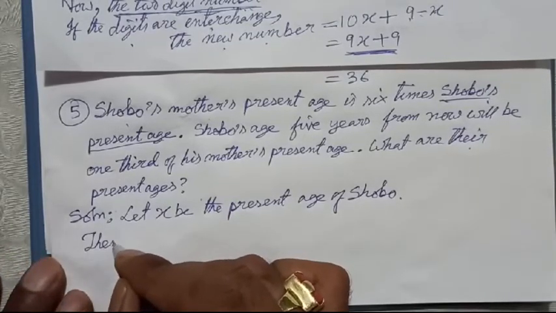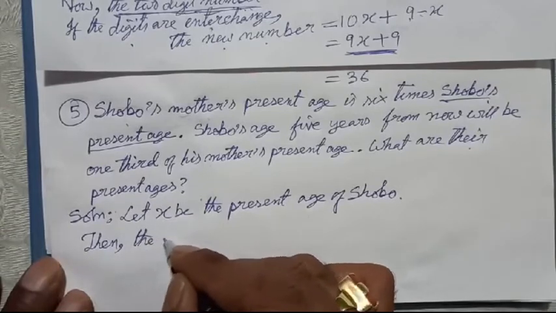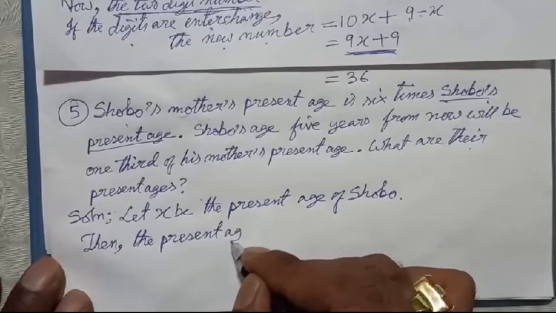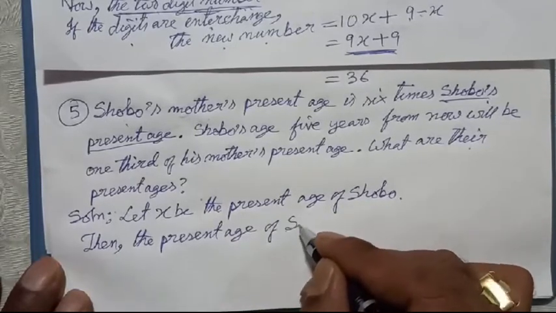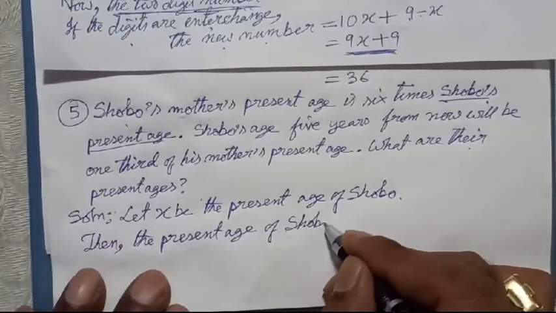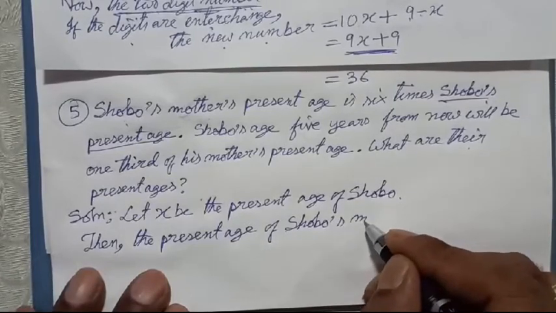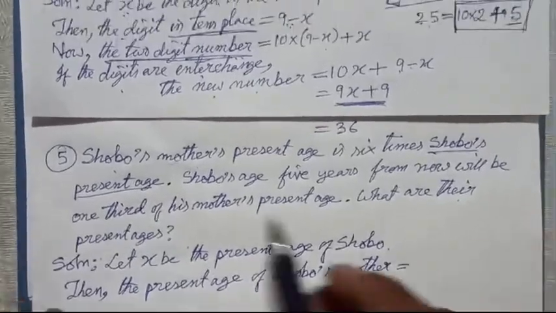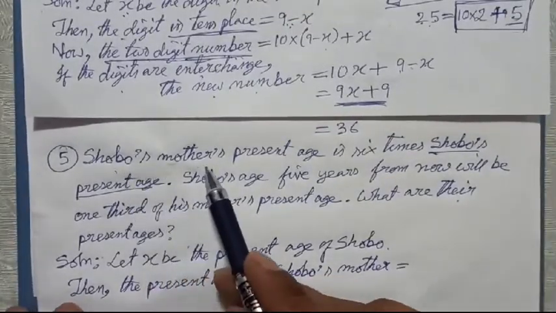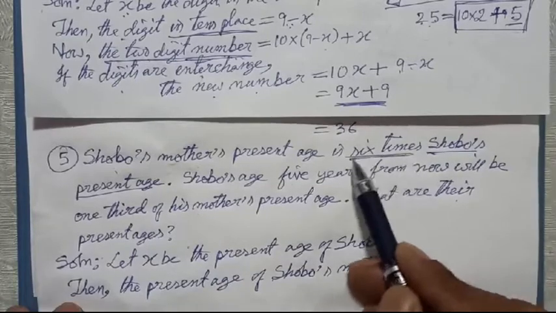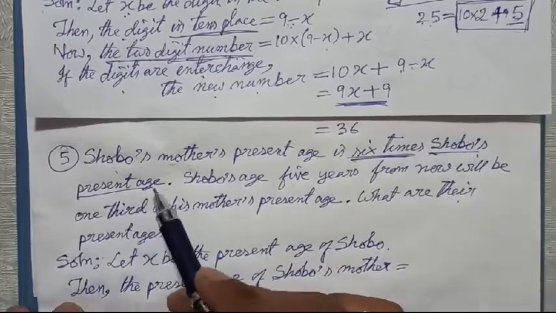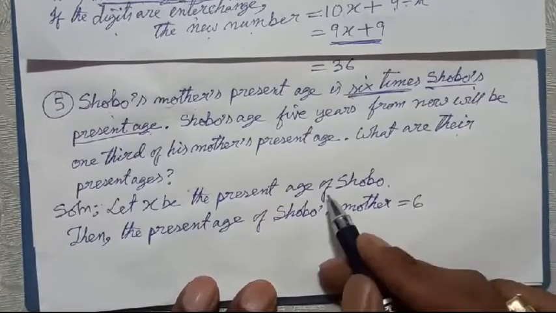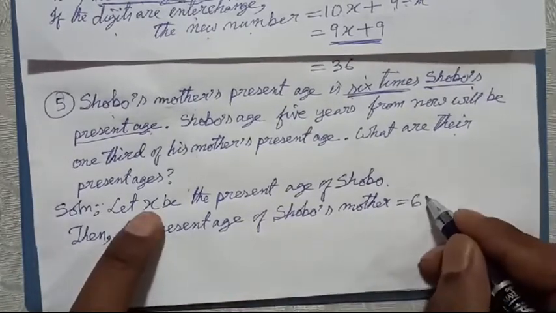Then the present age of Sobu's mother... here in the question, Sobu's mother's present age is 6 times Sobu's present age. So Sobu's mother's present age will be 6 times x, that means 6x.